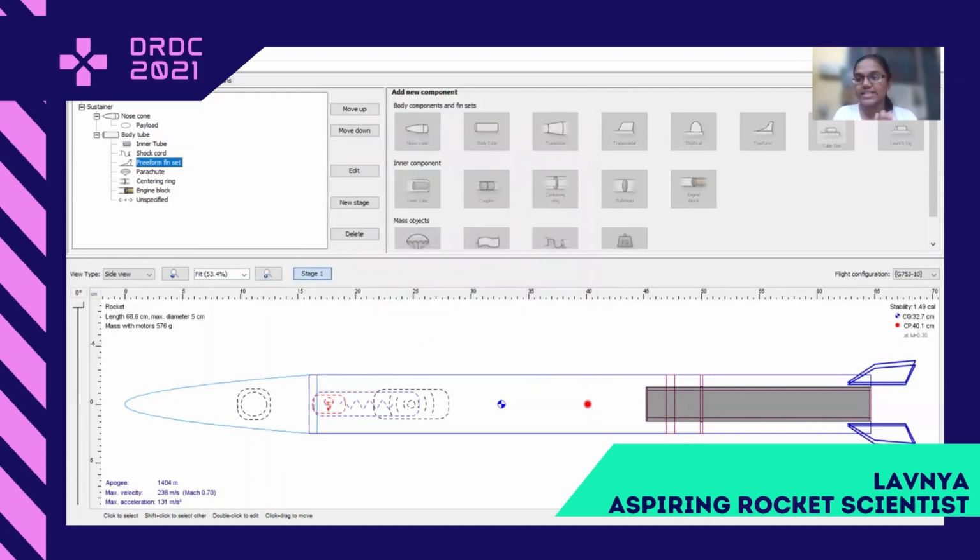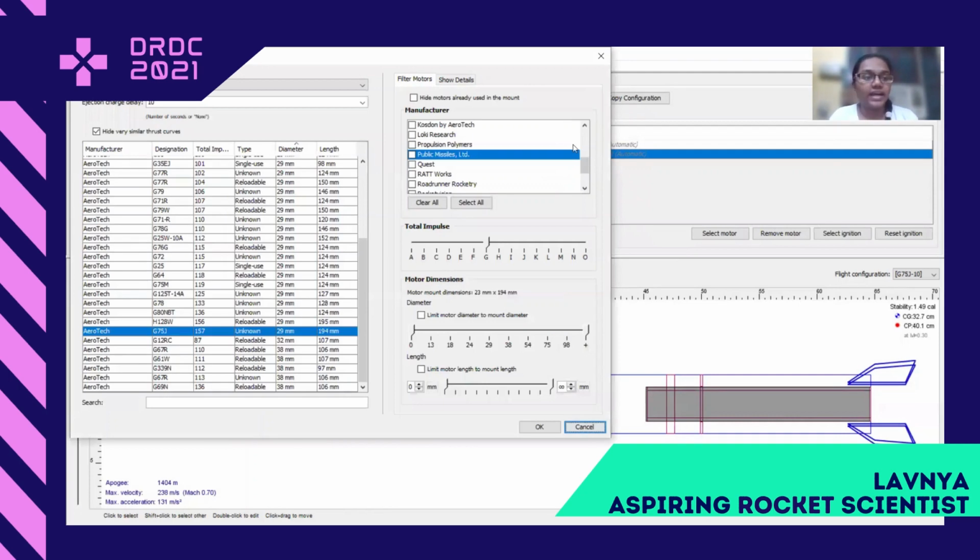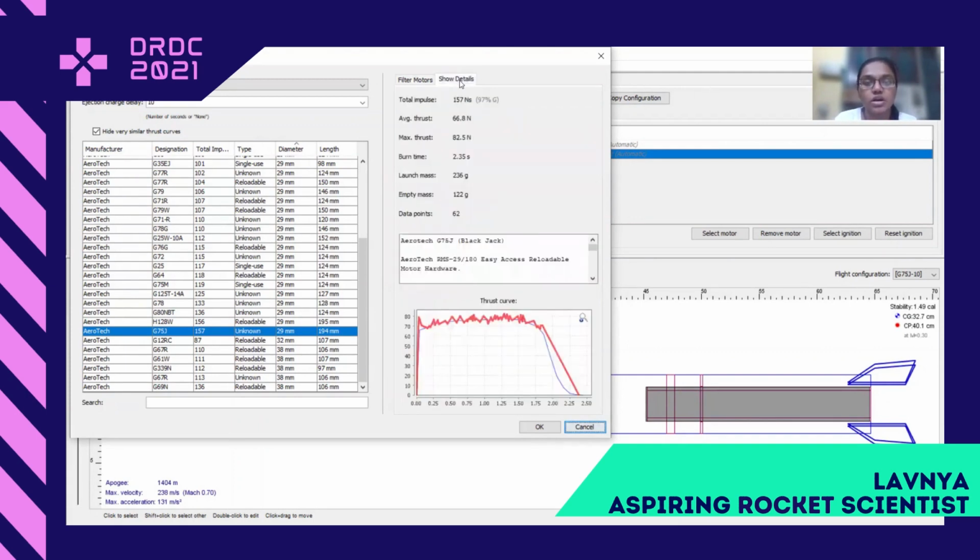Now let's move ahead and get into the motors and configuration. I have selected Aerotech, a company which provides various sizes of motors with various engine performances. I have chosen G75J157, whose type isn't mentioned here, and we can look at the details.